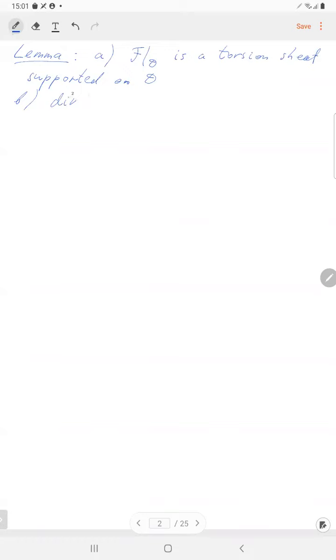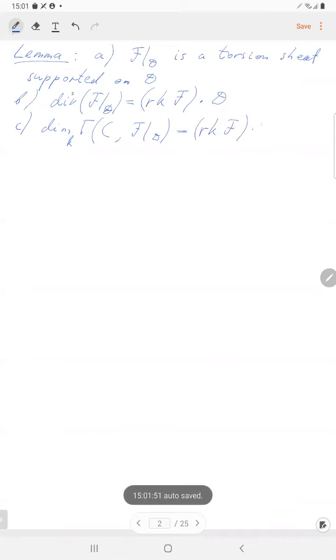So this divisor of this torsion sheaf is just the rank of F, a number, multiple of the original divisor D. Okay, and finally, the dimension of global sections over our base field of this torsion sheaf is the product of rank of F times the degree of divisor D. Okay, this is all absolutely clear, but we just need to document it.